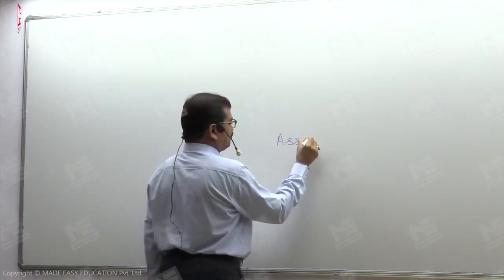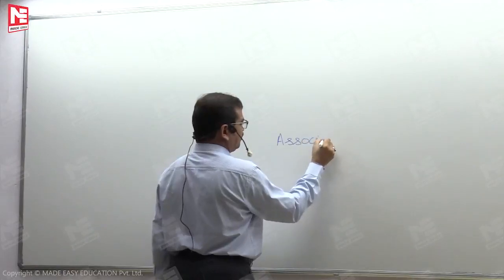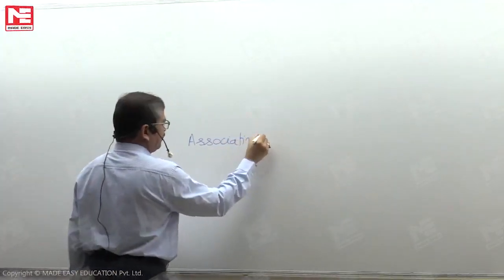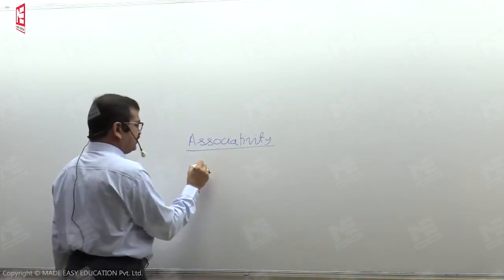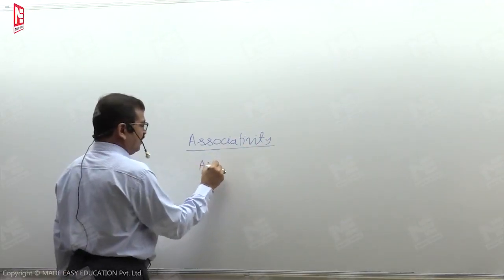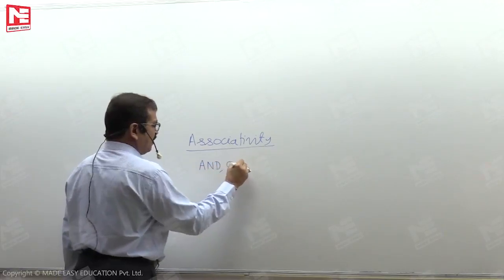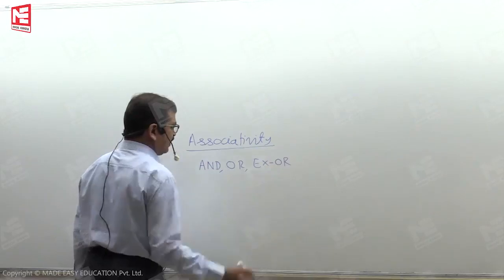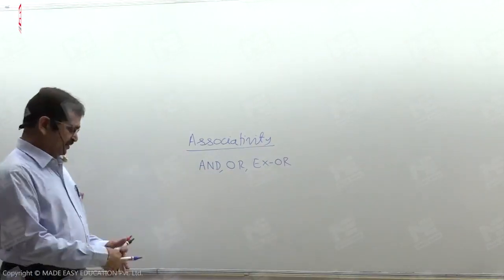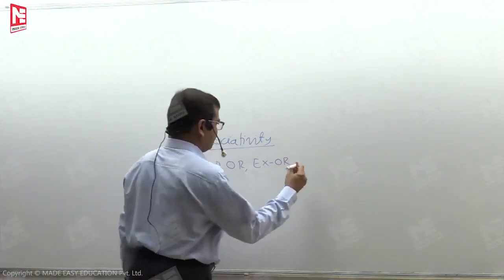This is the associativity property. The associativity property is valid on AND operation, on OR operation, and on exclusive OR operation. It is valid.